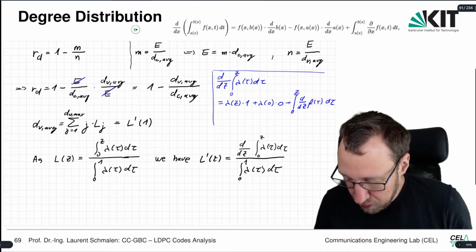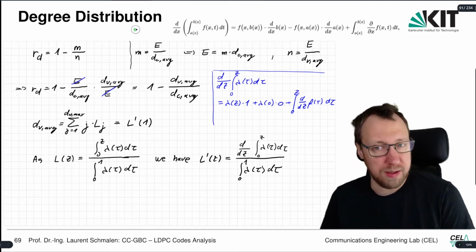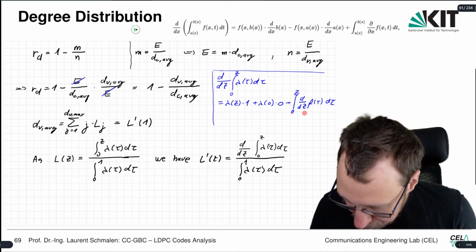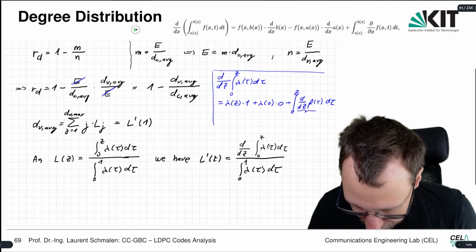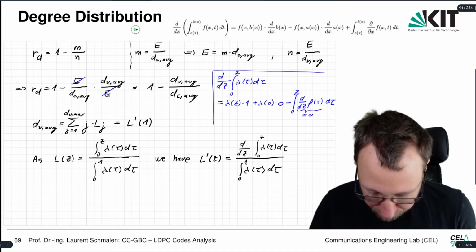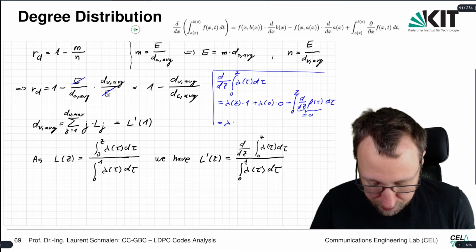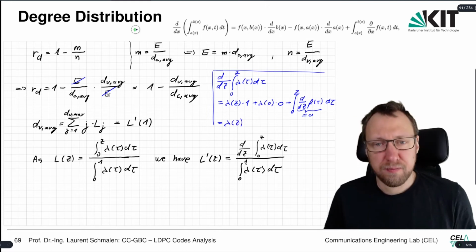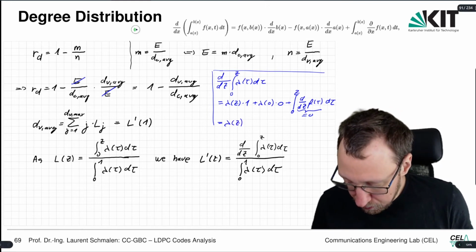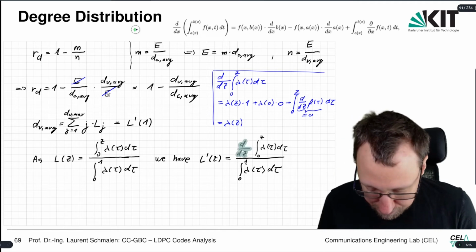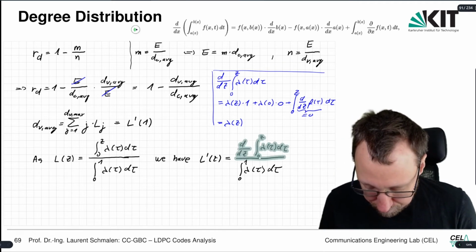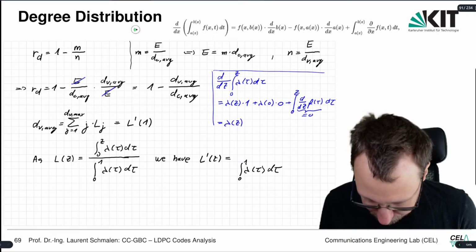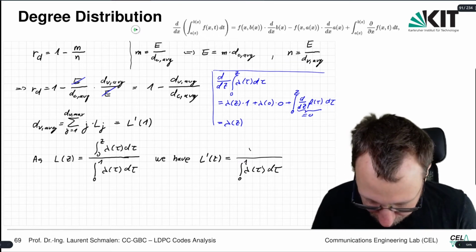So with respect to z, this function is a constant. So the derivative of this is equal to 0. So we end up with lambda of z. So what we can do is replace the numerator of this expression by lambda of z.